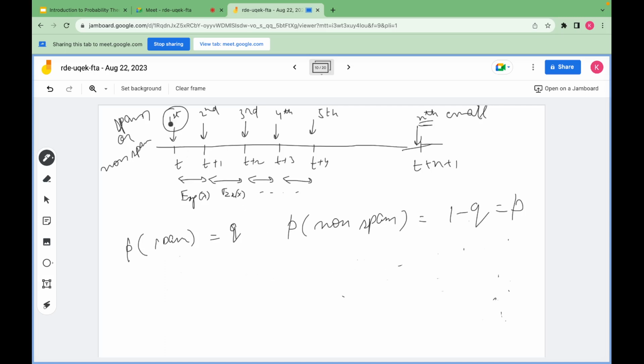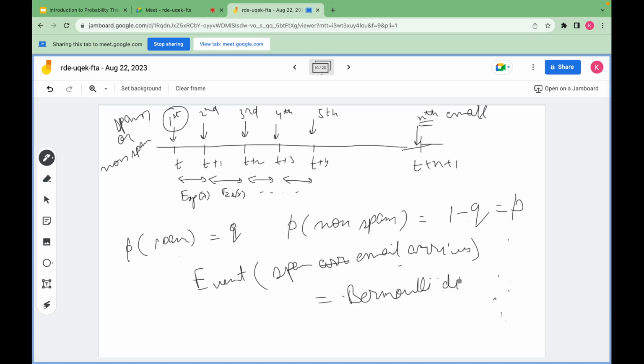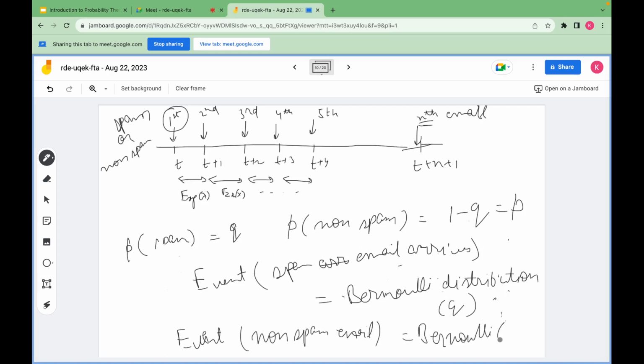So we can say that the event that a spam email arrives is nothing but a Bernoulli distribution with parameter q. Similarly, the event of a non-spam email is Bernoulli distribution with parameter p.